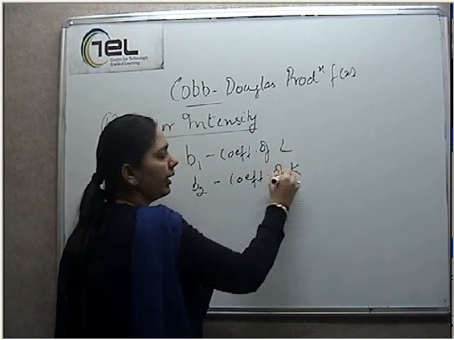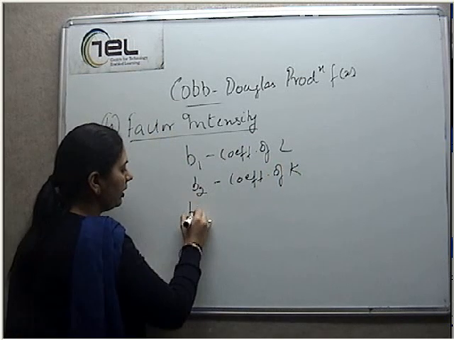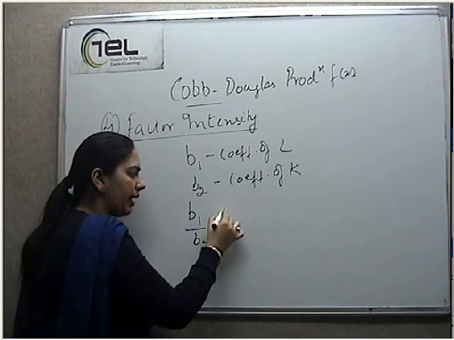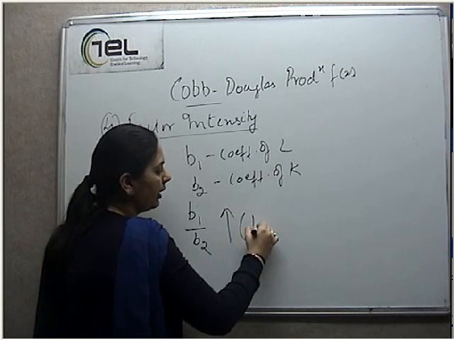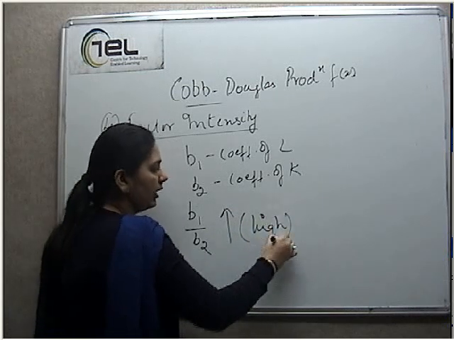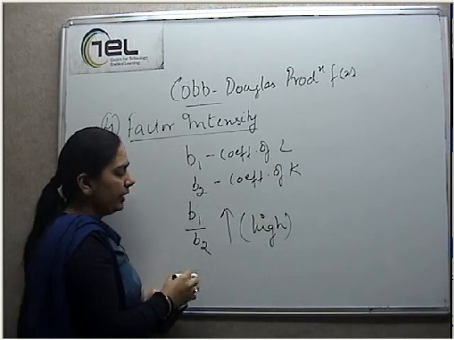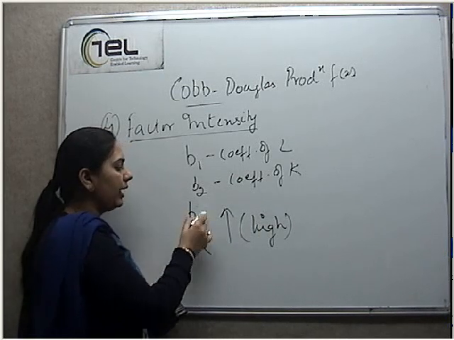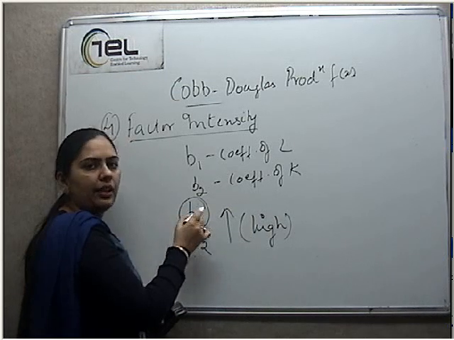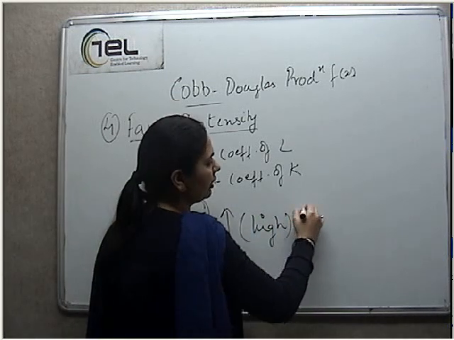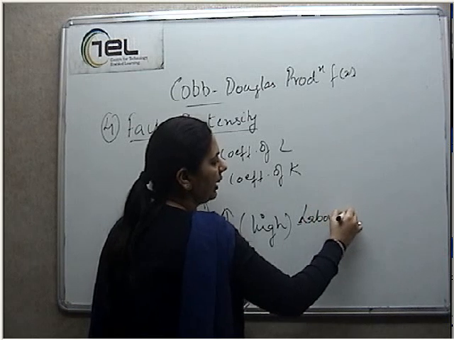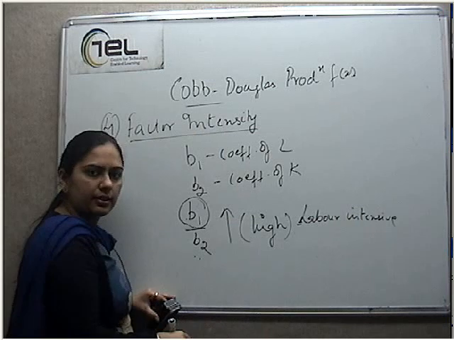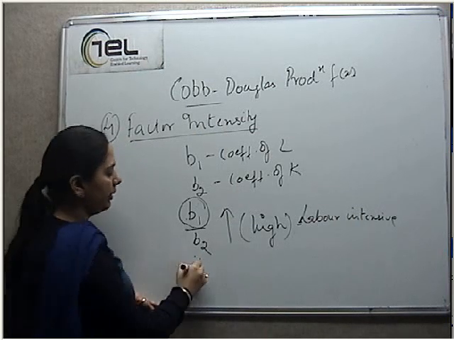Now if my ratio B1 by B2 is high, that means my numerator is more than my denominator, that is, the value of B1 is higher than the value of B2. So automatically the level of labor employed is more than the level of capital. This gives me a situation where labor intensive production is taking place. The opposite will hold true.